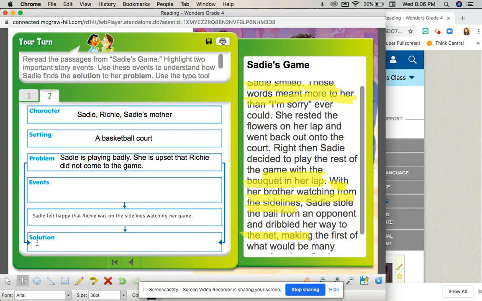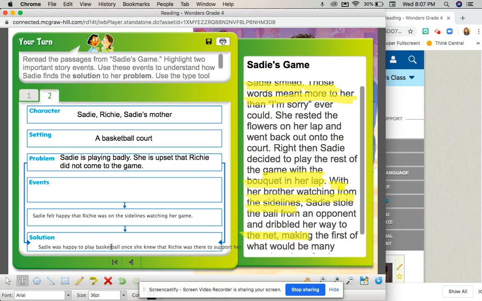We know that at first she was playing badly because she did not think that Richie would be there. In the end, Sadie was happy to play basketball once she knew that Richie was there to support her.